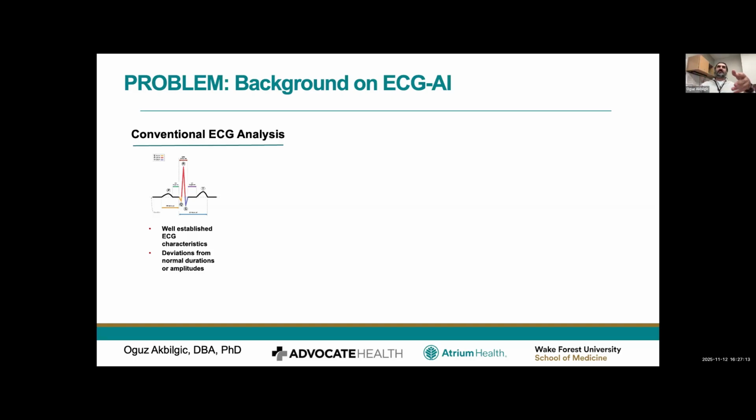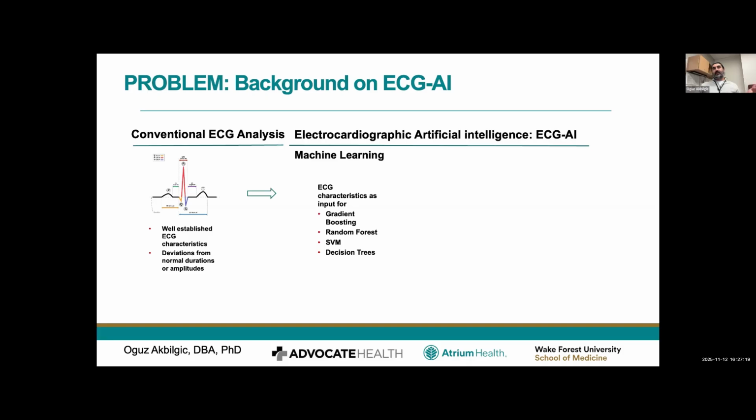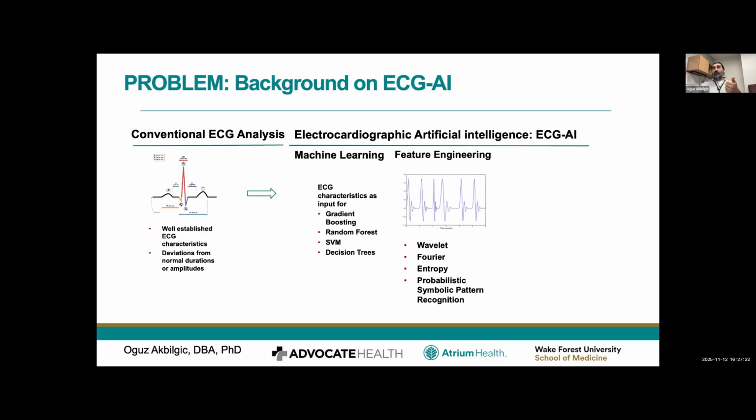So this is the conventional analysis of ECG. But if we do more feature engineering, for example, using non-standard ECG features like T-wave amplitude and T-wave duration as input in machine learning, then we may be doing ECG-AI. Or we can implement more signal processing, Fourier transformation or wavelet transformation on those signals, and then use them in a shallow machine learning model.